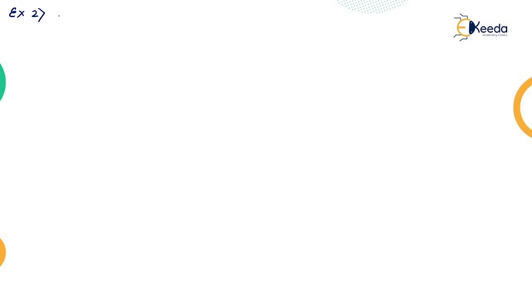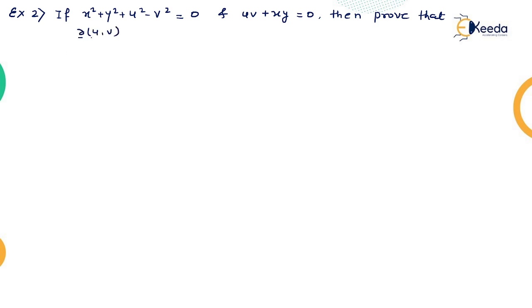Example two is given to you. If x² plus y² plus u² minus v² equals 0 and uv plus xy equals 0, then prove that ∂(u,v)/∂(x,y) equals (x² minus y²) upon (u² plus v²).